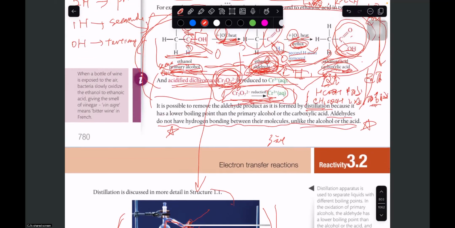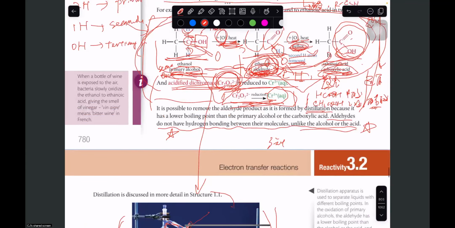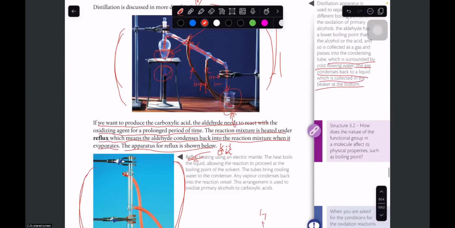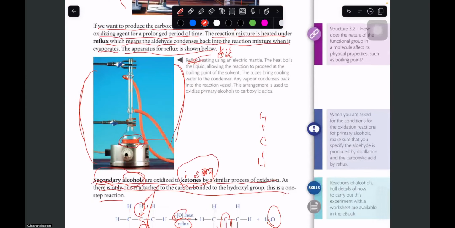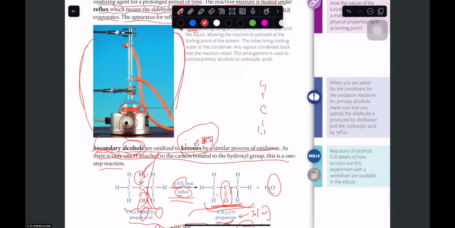In the second step, we use the aldehyde and the reflux to produce this one. It uses an apparatus like this one. In this part it is the aldehyde with Cr2O7 again. This provides the oxygen ions. So it is also a mixture of this aldehyde and that Cr2O7, and we give heat to it.